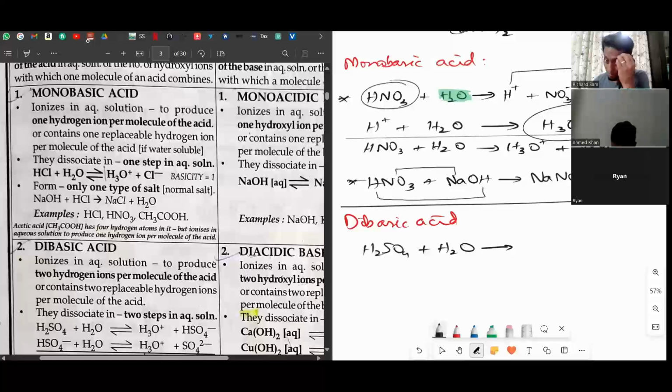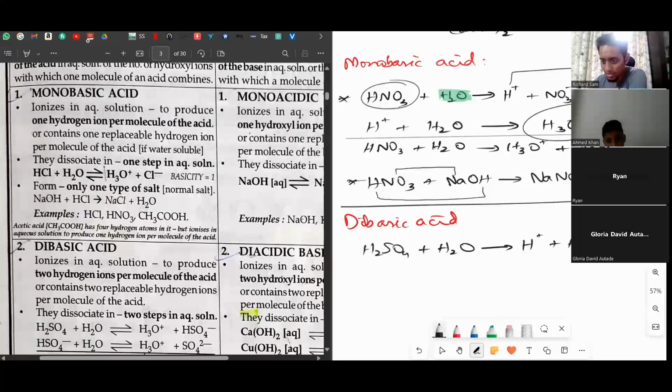So in the first step, only one hydrogen ion is removed from here. So you have H plus, the remaining is HSO4. Did you see how it separates? The H2SO4 separates into, first it becomes H plus and HSO4.